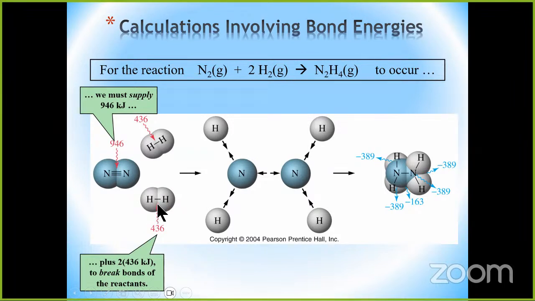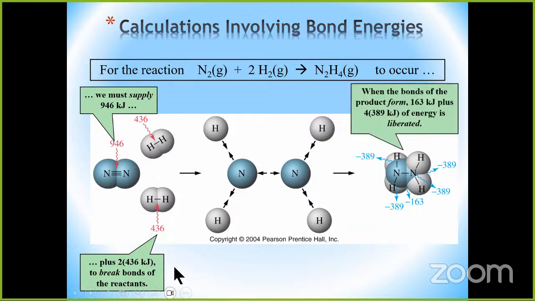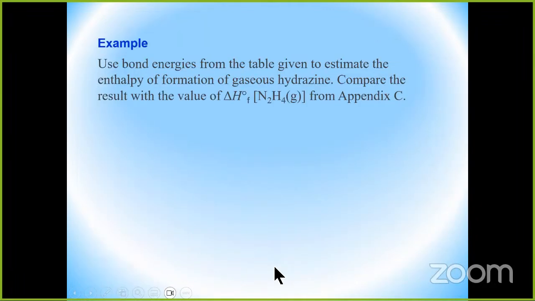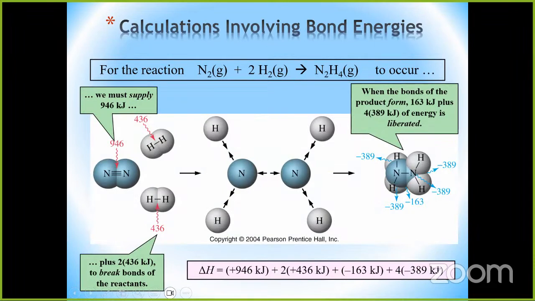The amount of energy needed to break each of these hydrogen bonds is 436. So you add 946 plus 2 times 436. I'm not sure what that gives, we could calculate it. Oh, it's here. Okay, my bad. So 946 plus 2 times 436 represents the amount of energy that is expended.